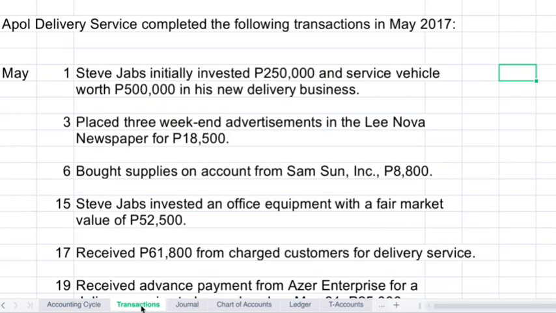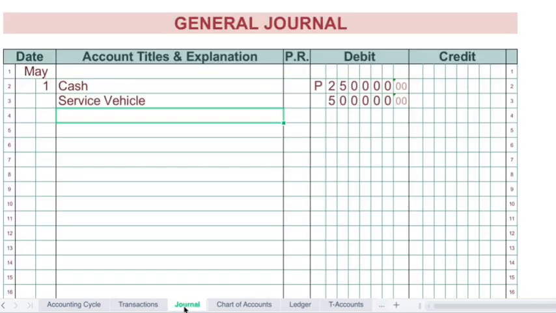Next, we'll have to write the credit account, the account that we will credit. That is Steve Jobs, Capital. For the credited account, we will indent it on the next line, slightly.